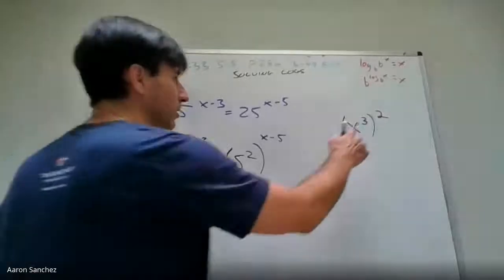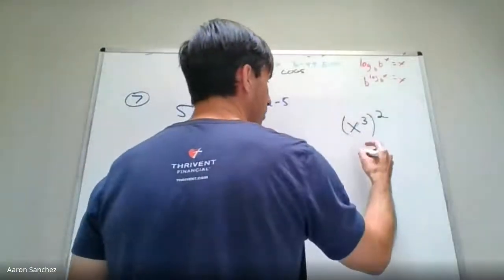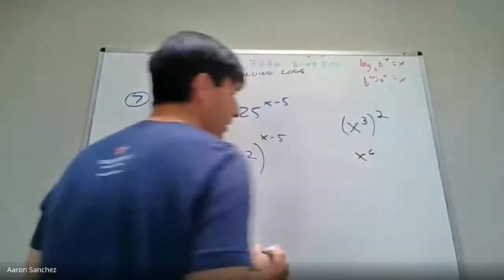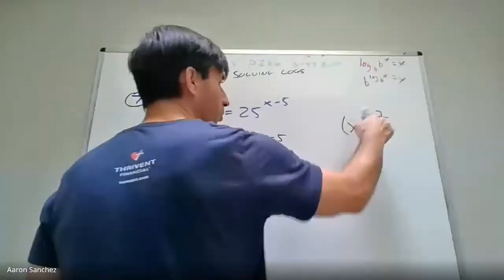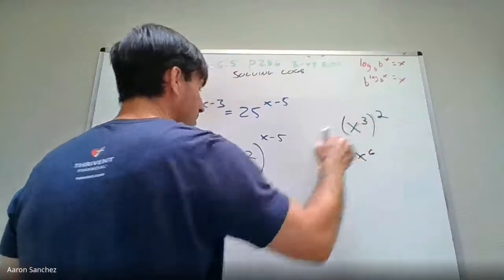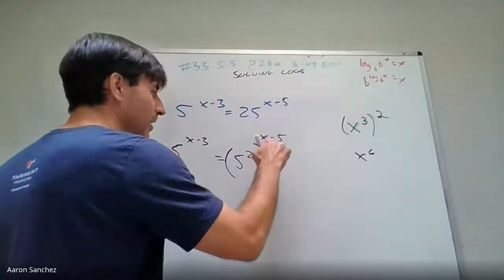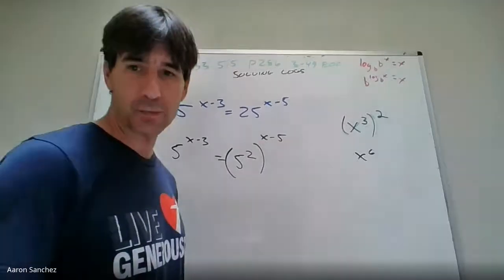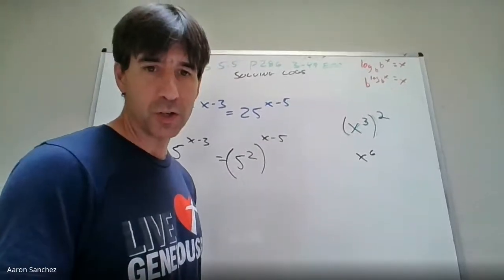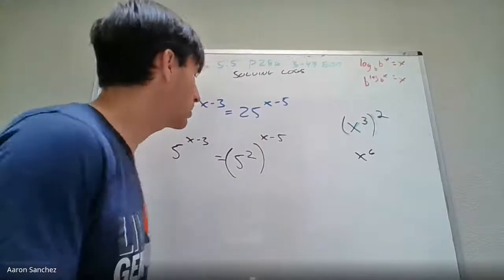Okay, so Donnell, do you understand that 8 to the third raised to the second is 8 to the sixth? Does that make sense? Yeah. Okay, so we multiply them if we raise them. Everyone understand that? So because this is raised to that, then I multiply 2 times x minus 5. So my question is, Reggie, what is 2 times x minus 5?